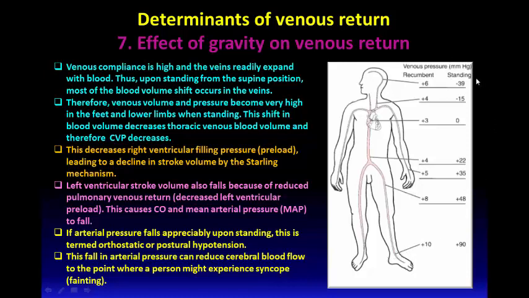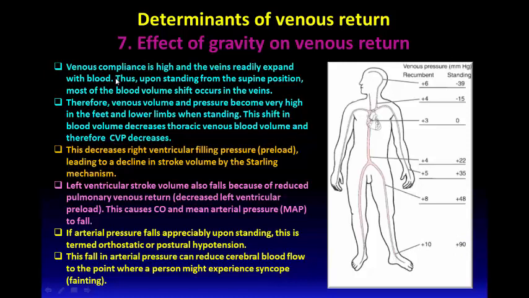In the standing up position, the venous pressure in the veins at the level of the heart is 0, and now gravity would have marked effects on the venous pressure. Thus, the venous pressures in the veins above the level of the heart would have increasingly negative venous pressures, while the veins below the level of the heart would have increasingly positive pressures, with the maximum pressure in the veins of the feet.